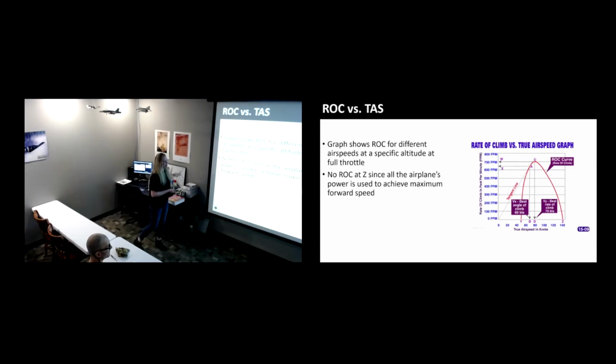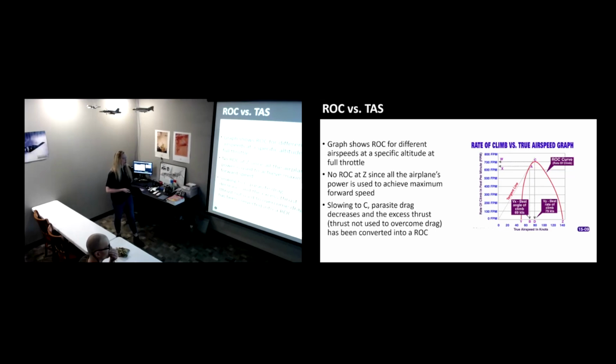No rate of climb at point Z, which is over here, since all the airplane's power is used to achieve maximum forward speed. You're not climbing. Slowing to C, it slows down. Parasite drag decreases and excess thrust not used to overcome drag has been converted to climbing.